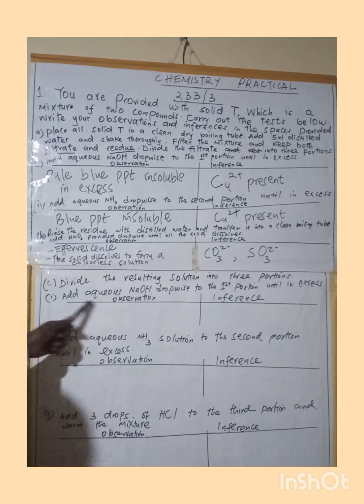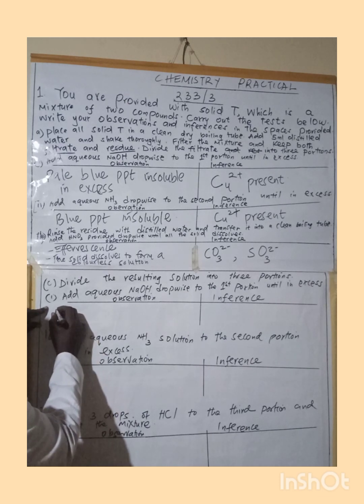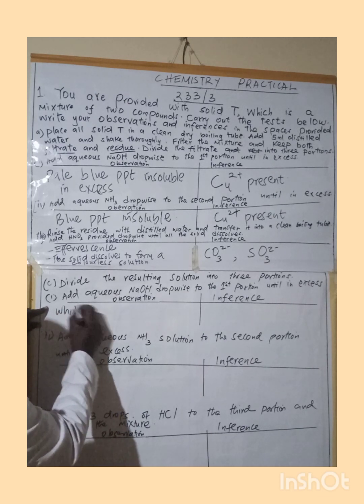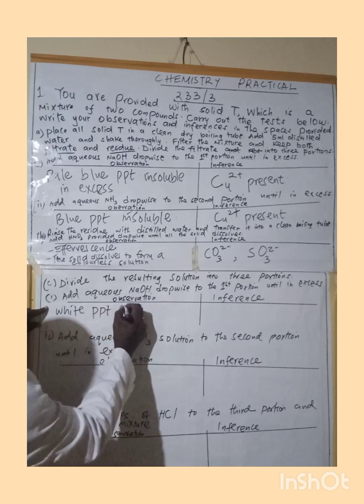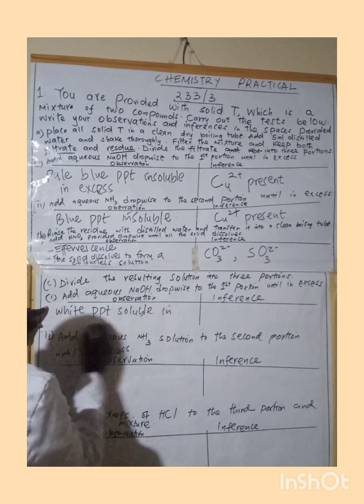Then divide the resulting solution into 3 portions, and then the first one you add sodium hydroxide dropwise until in excess. The observation which was made here is that a white precipitate, soluble in excess.